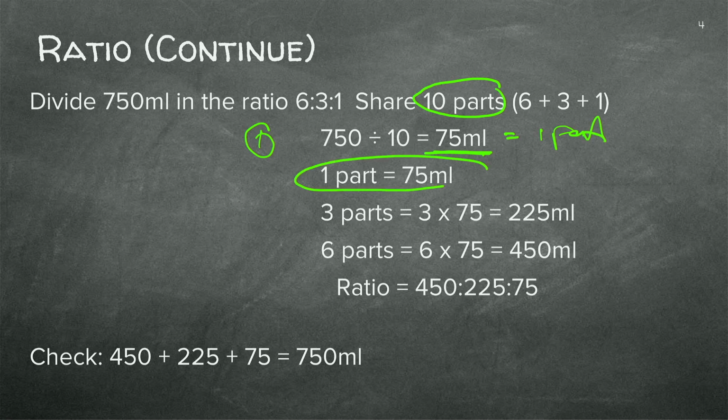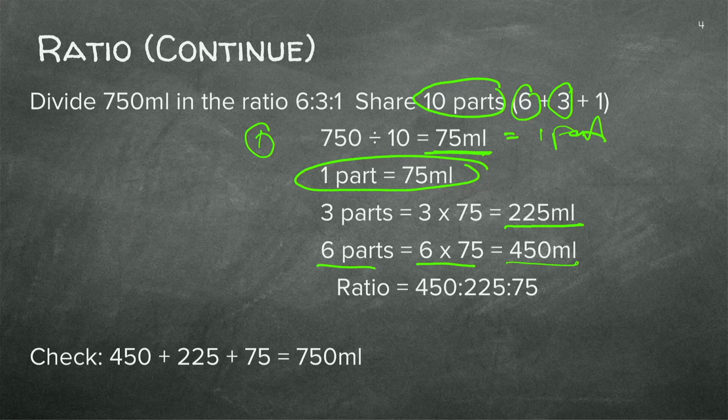Like there we have it. 1 part is 75 milliliters. So 3 parts then, that's our question. 3 parts will be 3 times 75, 225 milliliters. And 6 parts will be 6 times 75, 450 milliliters.